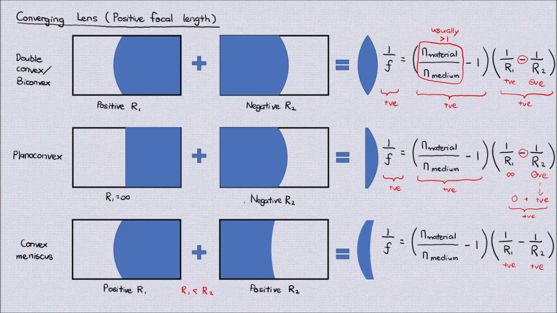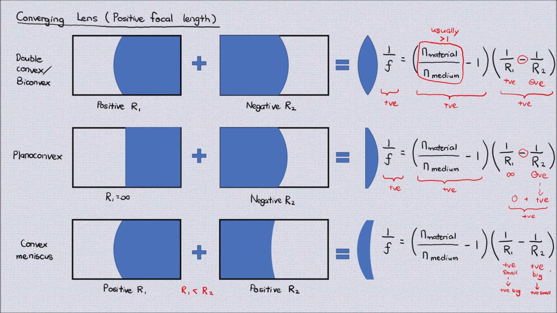Okay, and if we know that, then R1 will be a positive small value, and then you have a positive big value for R2. What that means is 1 over R1 here will be a positive big value, whereas 1 over R2 should be a positive small value.